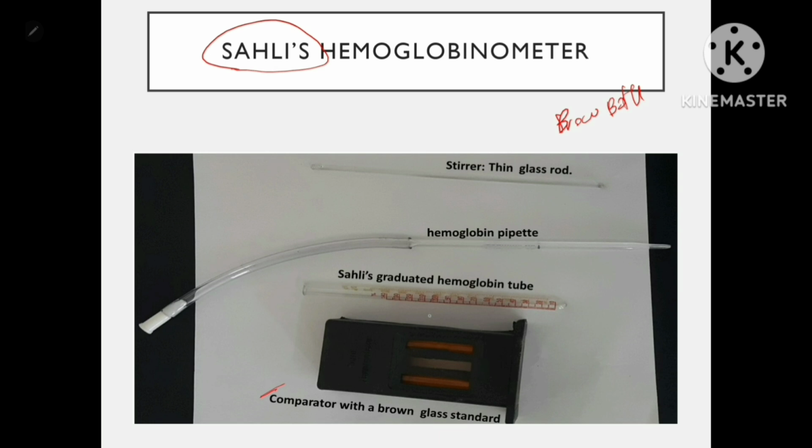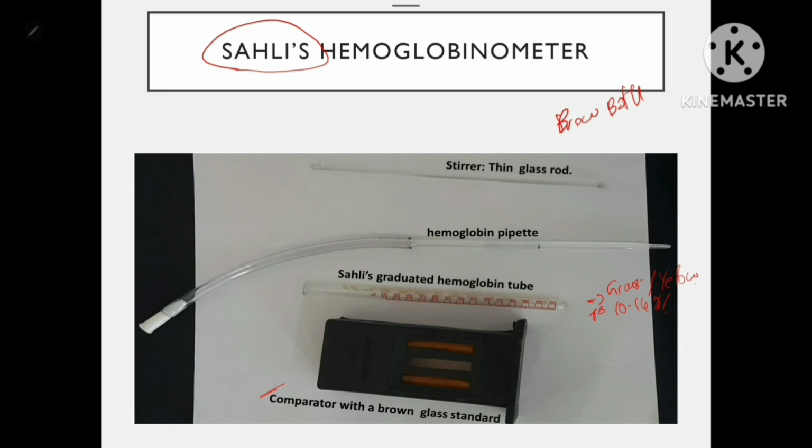These are the comparators where we keep the Sahli's graduated hemoglobin tube. These will be marked in grams percentage, in yellow color marking, and you can also see the percentage, that is 10 to 140 percent.